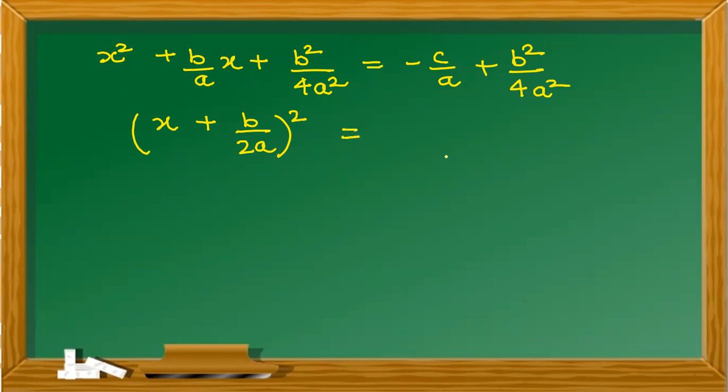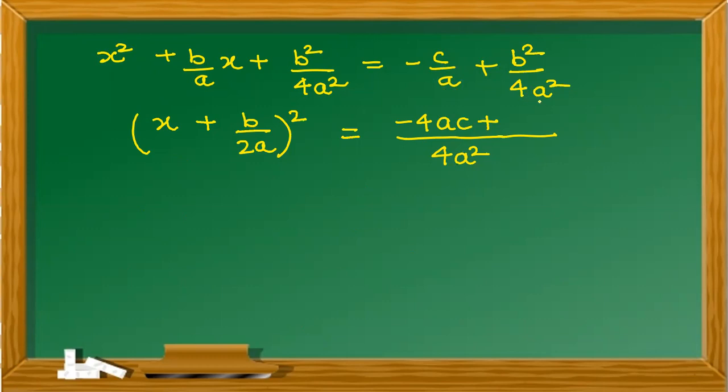Let us come to the right hand side. Here we will take the LCM of these two terms, which is 4a square. When we divide 4a square by a, we get 4a. And when 4a is multiplied with minus c, we get minus 4ac. What do we get here?